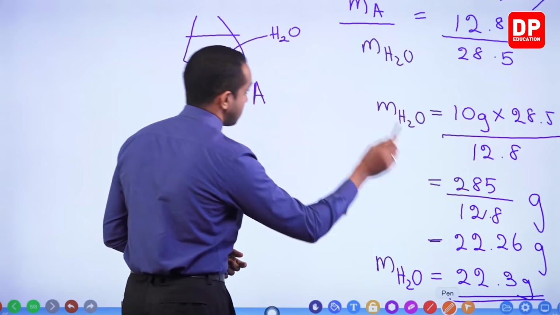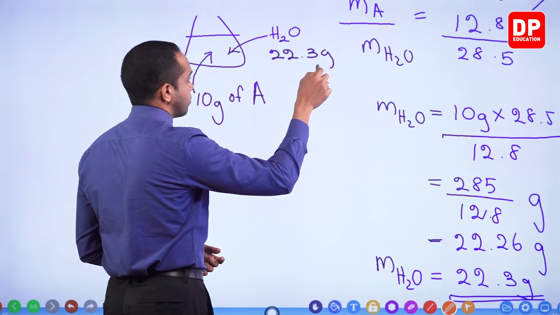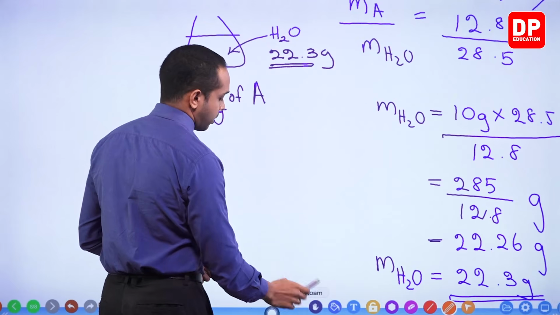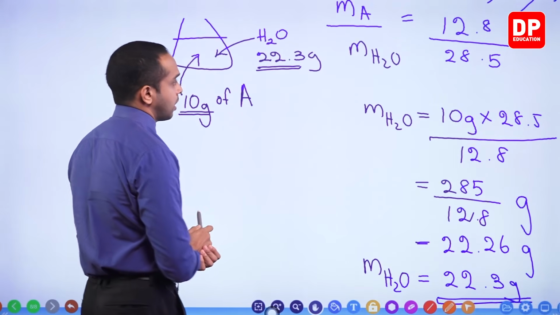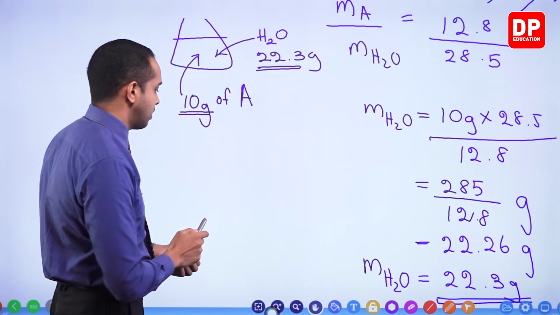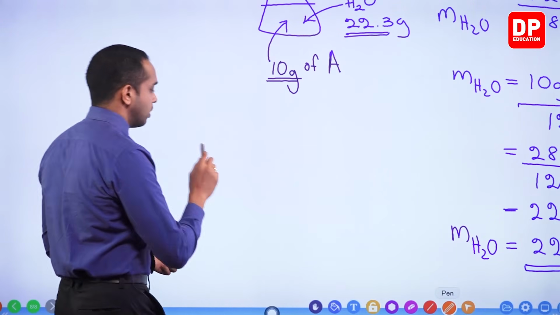So in this distillate the mass of water is 22.3 grams. This is the mass of just naphthalene. The question that is asked is the mass of the entire distillate.